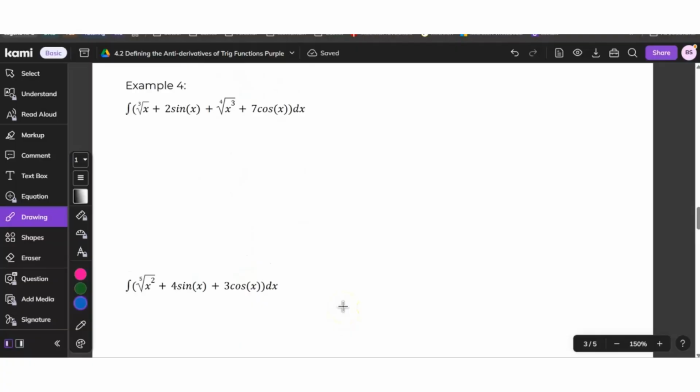Oh my gosh, it's got so crazy. No, it's not that bad, I promise. All right, first thing we're going to do is rewrite it. So if I have the cubed root of x, what is that as an exponent? 1/3. Then the 2 sine x doesn't change. Now, this one does change.